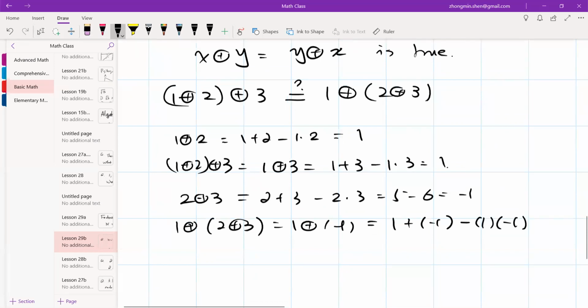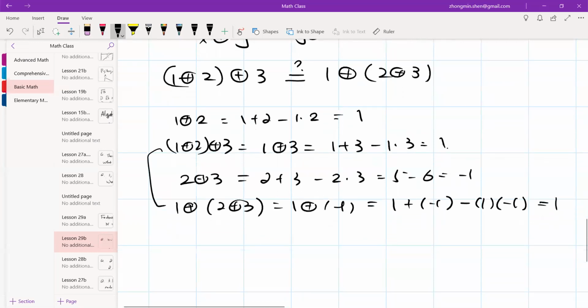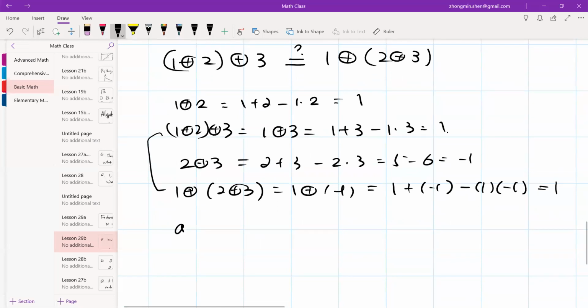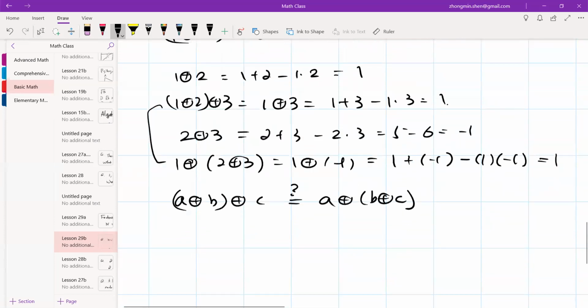So this time you get 1 minus 1, and the minus becomes positive, so 1. So these two are still equal. But the question is, is this true in general? You can check that. Maybe not. Let's compute.